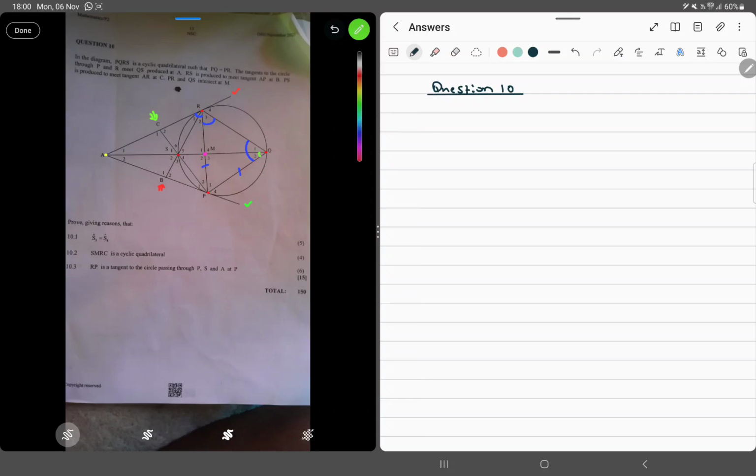We can see that this Q1 is going to be equal to this angle R2. Those are angles in the same segment subtended by chord SP or arc PS.